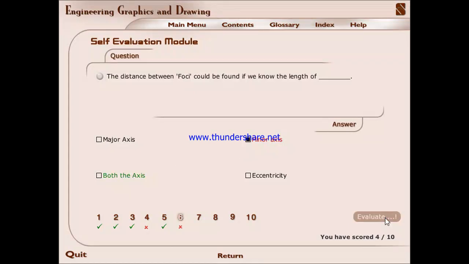No, it is both the axes, that is major and minor axis.